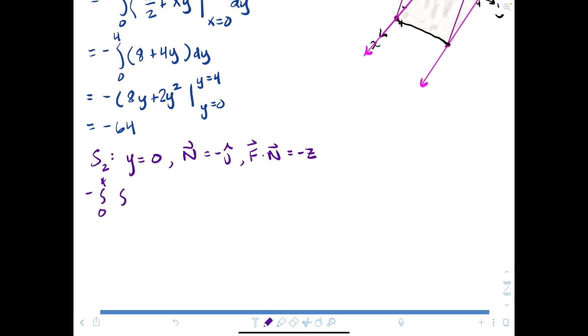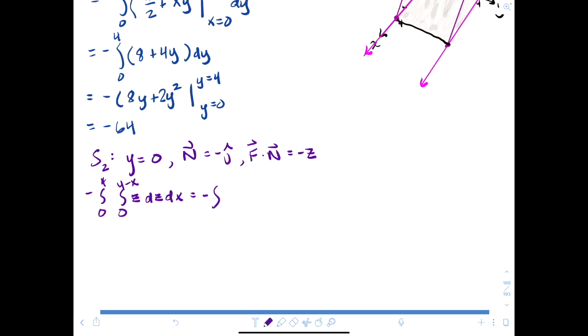And then z is going to go from 0 to 4 minus x. And again, we'll have our z here, and we'll be going dz dx. Cool, cool?